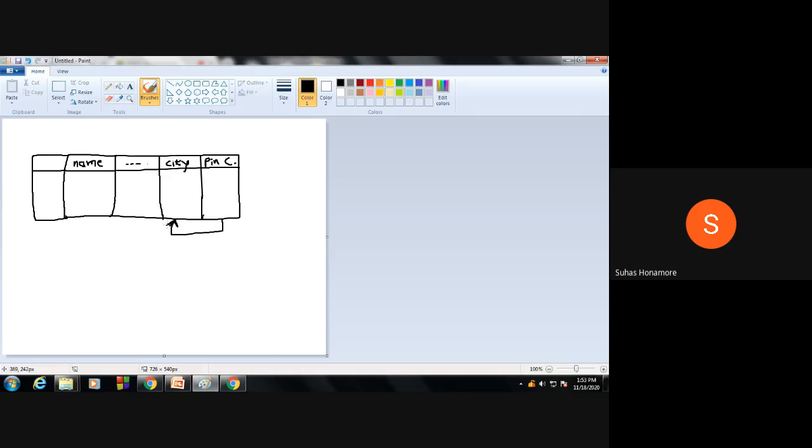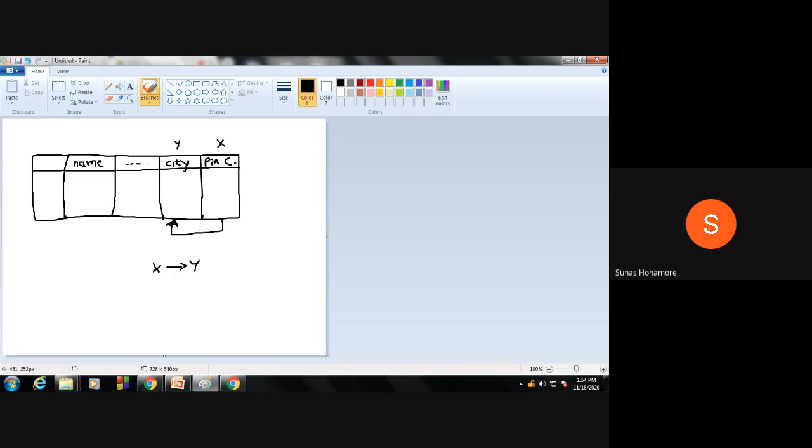Here I'm putting an arrow mark from pin code number to city. Pin code number is my X, and city is my Y. That is, I'm saying X derives Y: I can derive the city if I know the pin code.